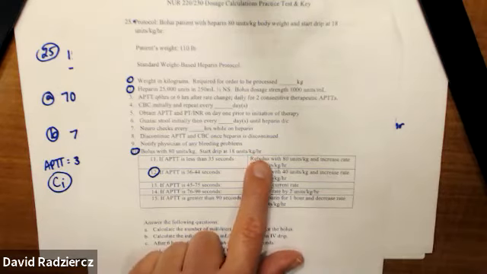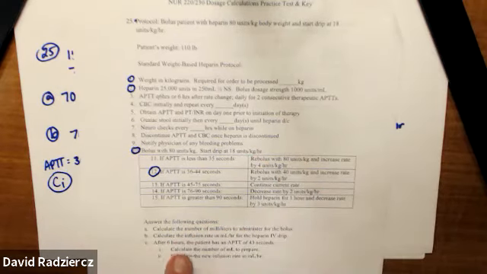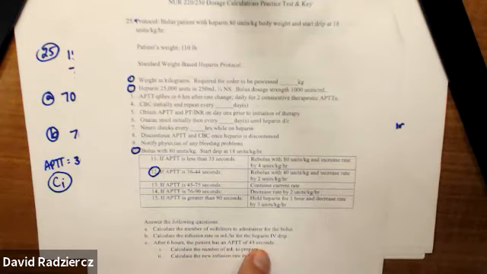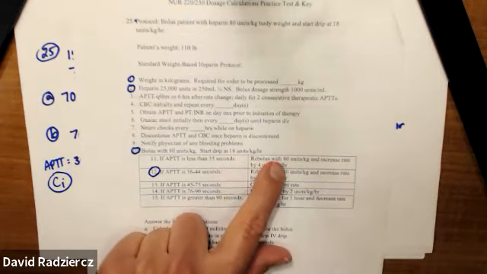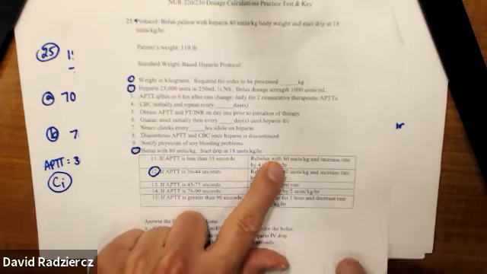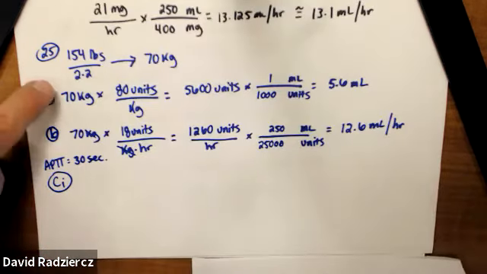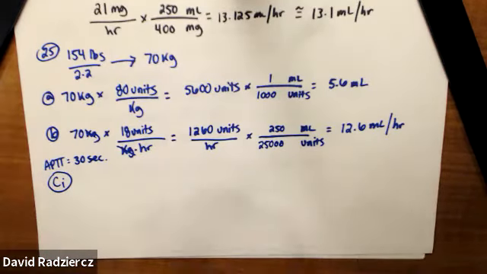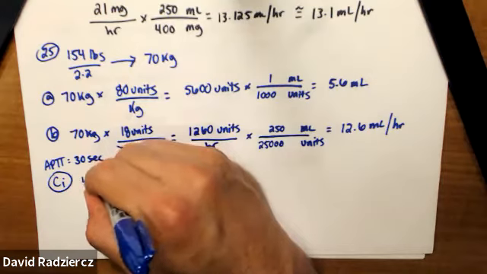Now, since we're rebolusing, when it says to calculate the number of milliliters per hour, this is the number of milliliters for the bolus. We don't really need to do that math again, right? Because it's the same. So for C2, it would be the same, and we would just say it's 5.6 milliliters.